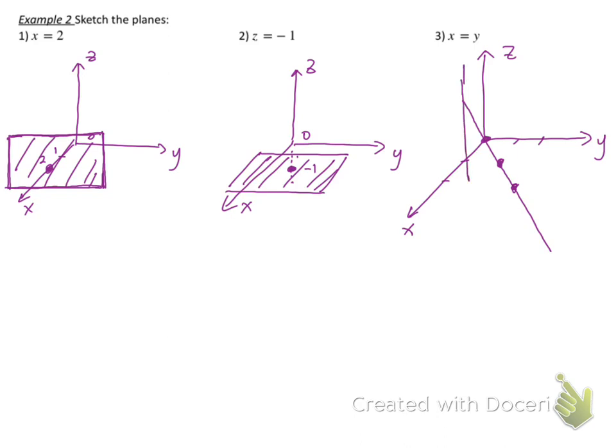So we make it a little bit up and down, and then we draw a line parallel to our x equals y. I need to go a little bit further. Yeah, that's better. And I also go up a little bit and draw a line parallel to it. So then this is, oops. Okay, that's the plane.